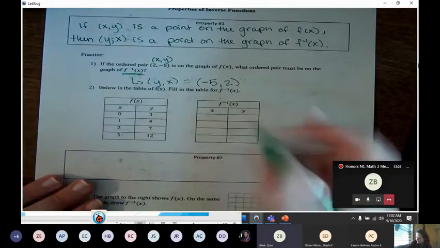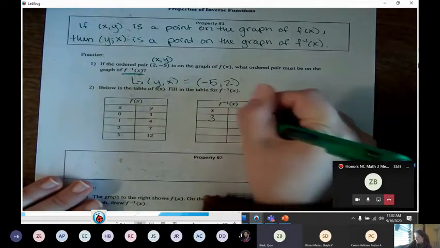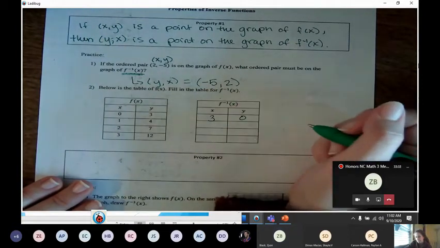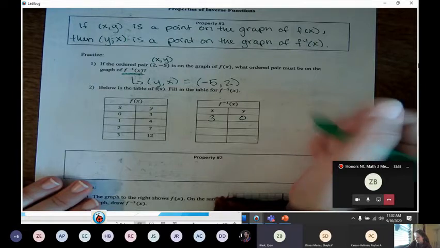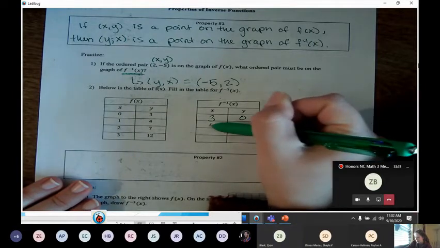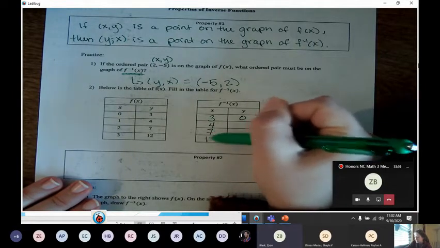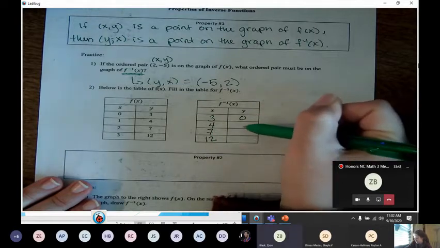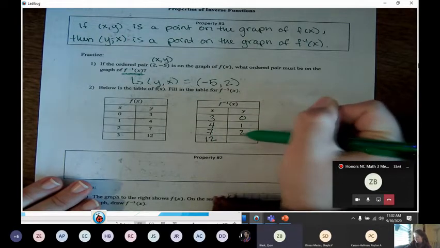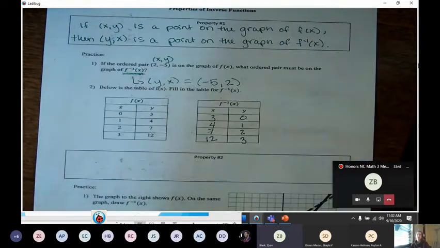Yeah, and the y? 0. Good. Can you fill out the whole table for me? The x's are 4, 7, and 12. There you go. Perfect. And the rest? 1, 2, 3. Perfect. Excellent. What questions do you guys have on those two practice problems? Does that property make sense to you guys?